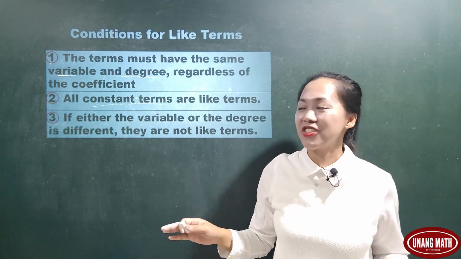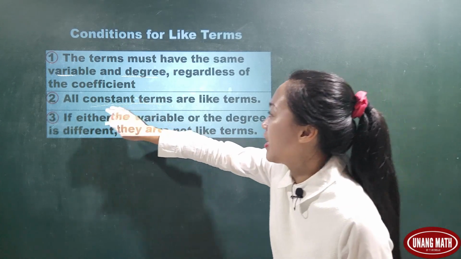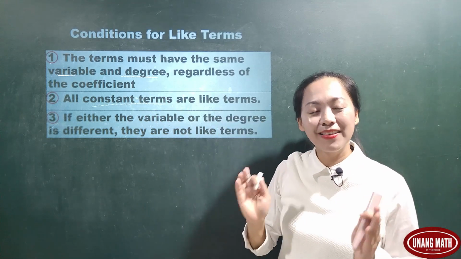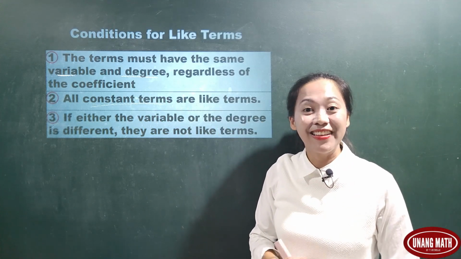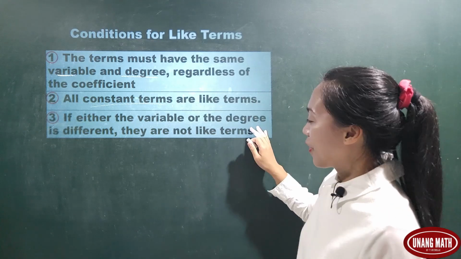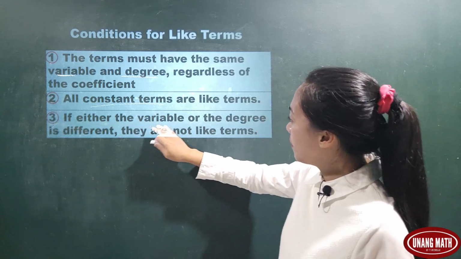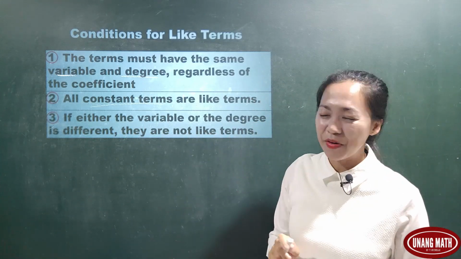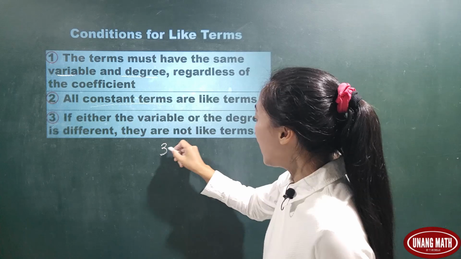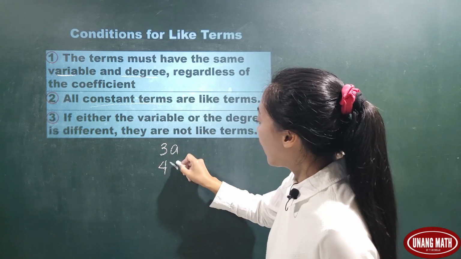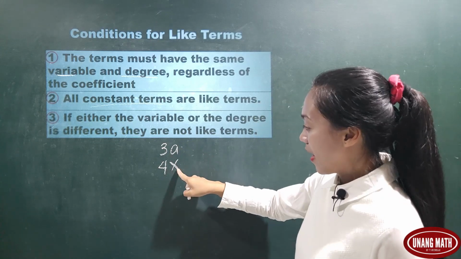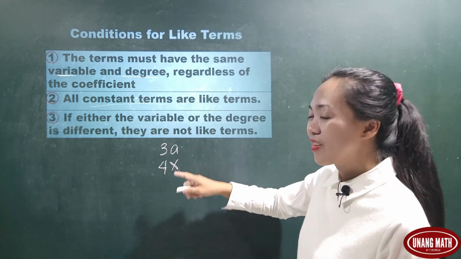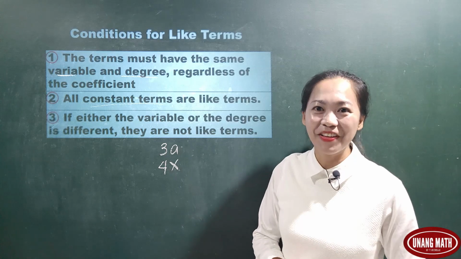In an expression, sometimes we see constant terms. Constant terms are considered like terms. Third, if either the variable or the degree is different, they are not like terms. Example, 3a and 4x. a and x are different variables, so these two terms are not considered like terms.